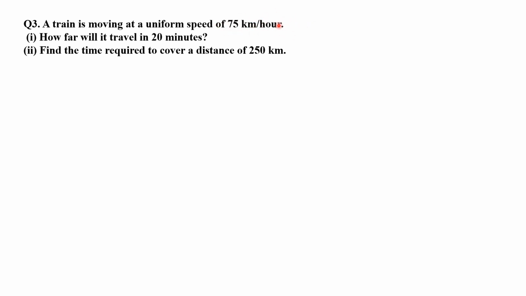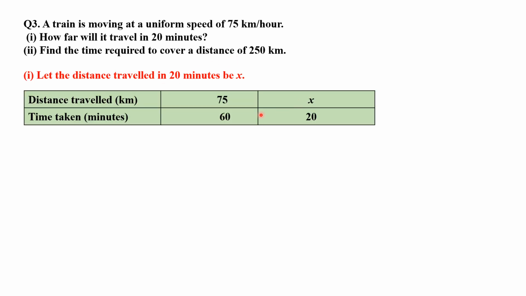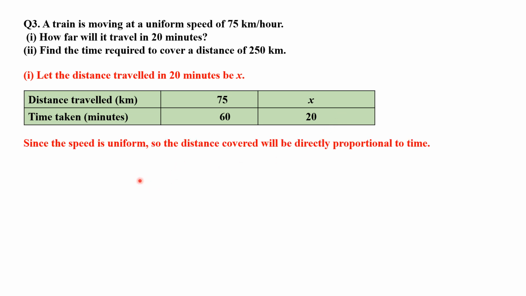So this speed is given as 75 km per hour. It means in 1 hour the train will cover a distance of 75 km. 1 hour means 60 minutes. In 60 minutes the train will cover a distance of 75 km, and you have to find how far it will go in 20 minutes. So I'll let the distance covered in 20 minutes be x. Since the speed is uniform, the distance covered will be directly proportional to time, isn't it?